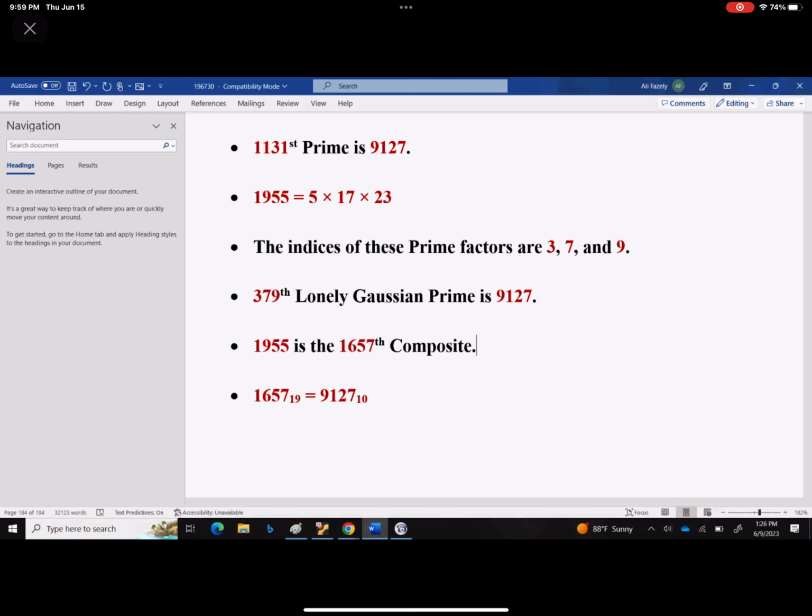And God said, He parted the two seas where they meet. Also, 1273 is the frequency of the word Allah from the beginning of the Quran to 9127.